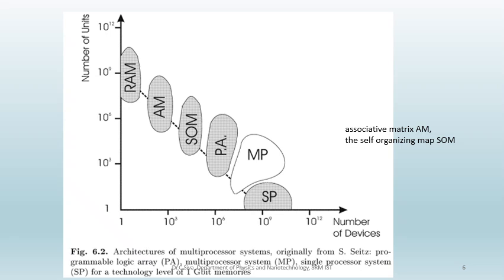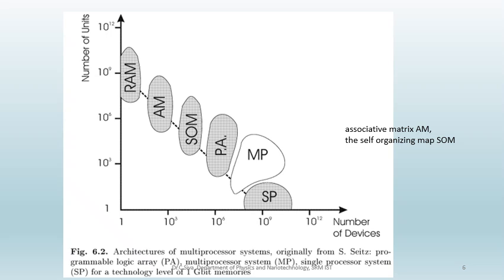This slide mentions two important data processing structures: one is associative matrix and another is self-organizing map. This is a famous SAIS diagram which maps the architecture space based on how many devices each functional block requires. On the left, memory cells require only a handful of devices.